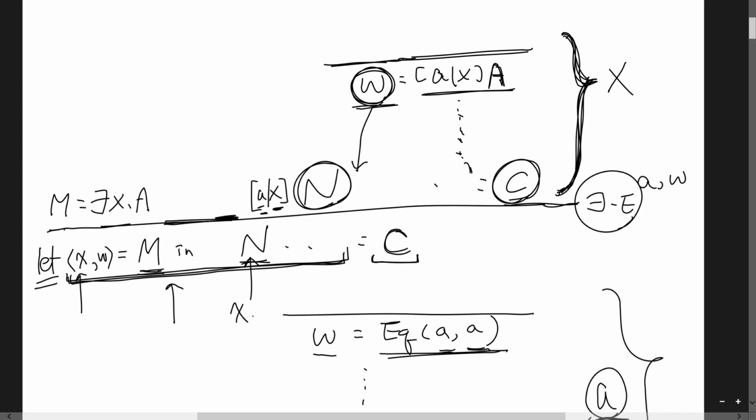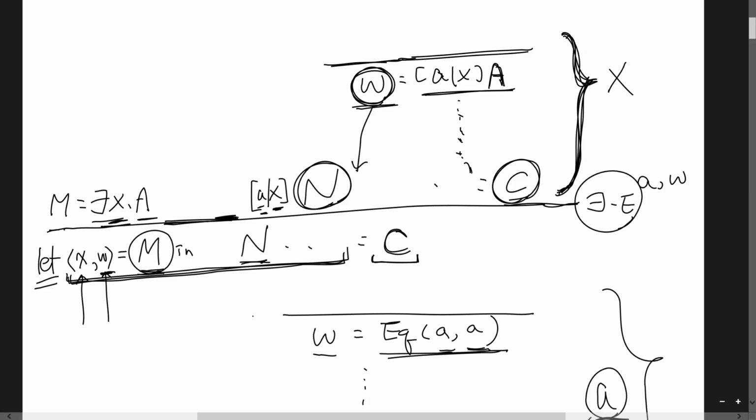It looks quite complicated, but the story goes like this. We have proof that there is some term x which satisfies A. So let's assume that the witness is x, and let's say the proof is represented compactly with this variable w.